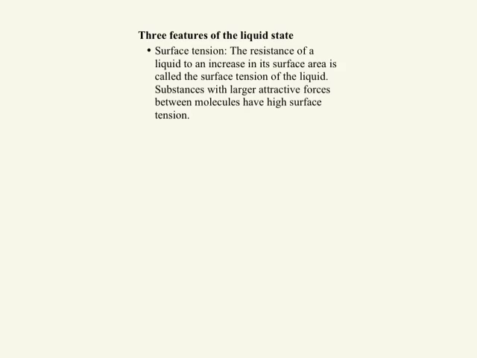Now here, let me draw a quick diagram. For example, this is a container with a liquid, and we know the surface of a liquid looks like this, which we call a meniscus. Now the particle present in the interior of a liquid is surrounded by particles from all sides and experiencing these intermolecular interactions.